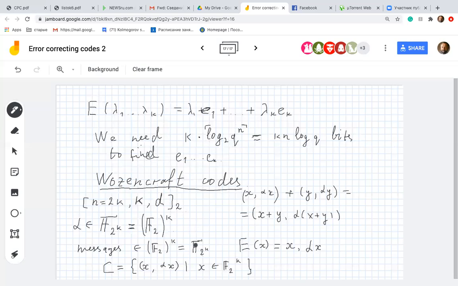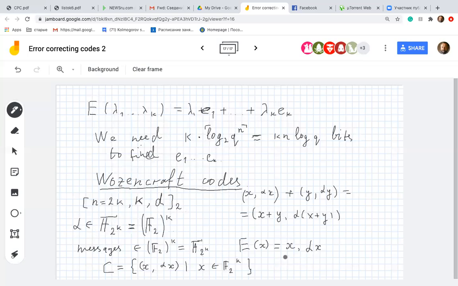Okay, now what can we say about the parameters of this code? The messages have k bits, so the dimension is k. The block length is 2 times larger, 2 times k. The only thing we need to understand is the distance of that code, the minimal distance. The minimal distance depends on the choice of alpha.